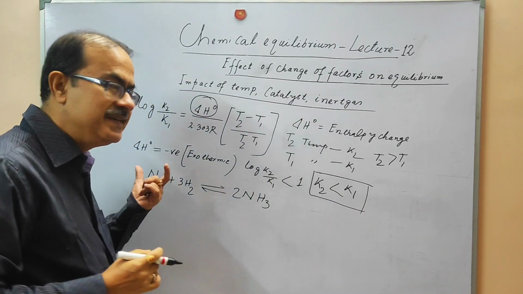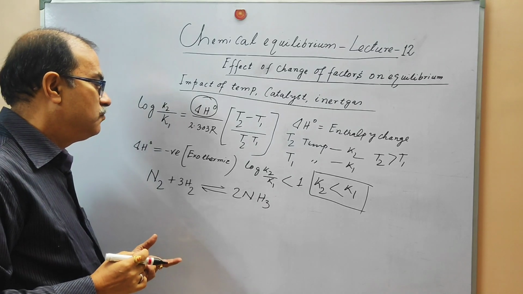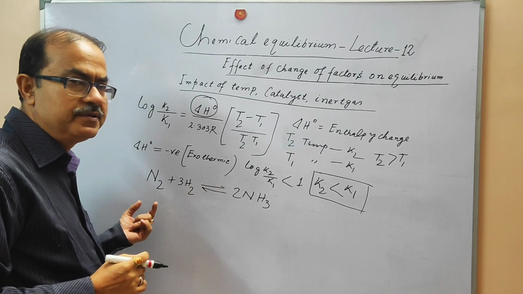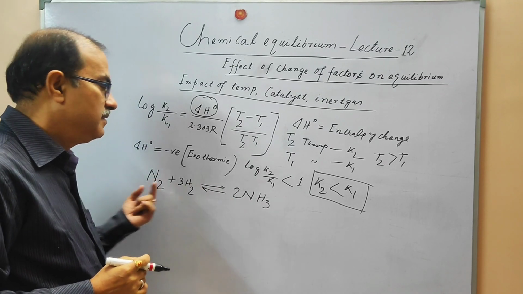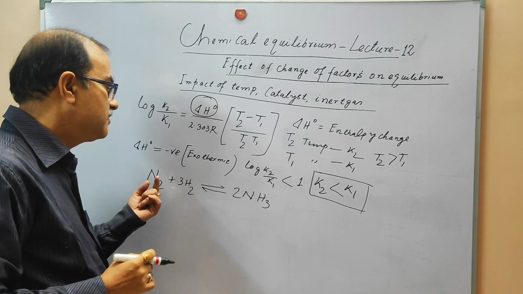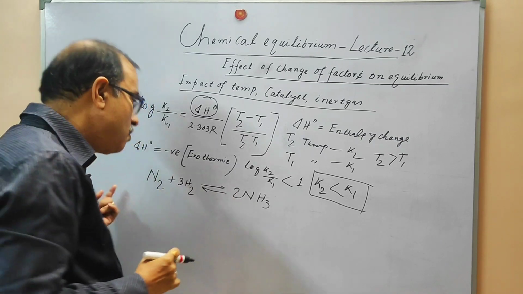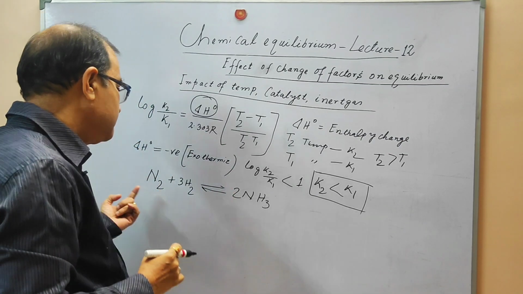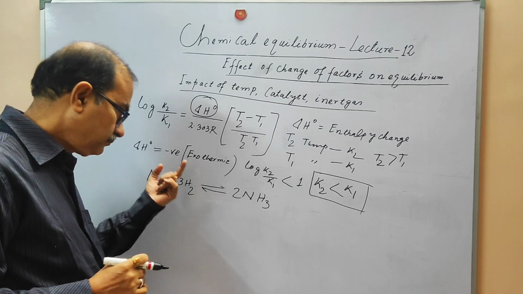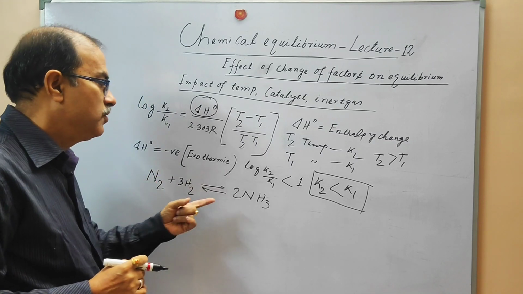When we increase the temperature, the equilibrium will shift to the left-hand side. The net reaction goes in the reverse direction; it favors the reactant, not the product.